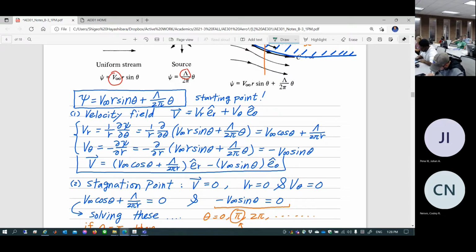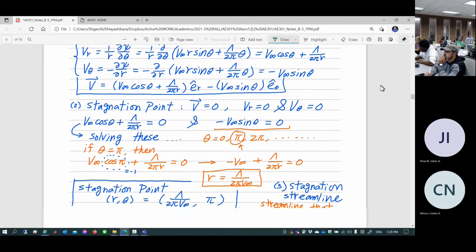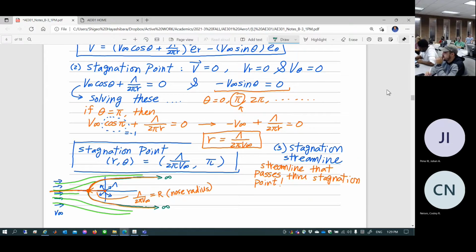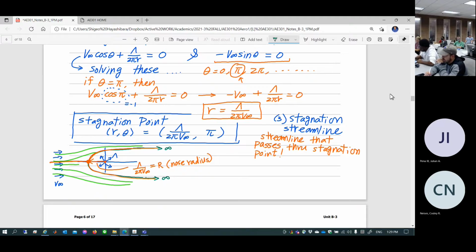Then set psi equal to that particular constant, and that is the equation of the stagnation streamline. Do you understand what I'm talking about? If not, you are in danger of not completing the project. Any question? No, never mind. Thank you.